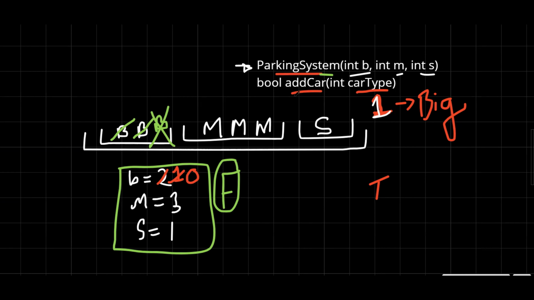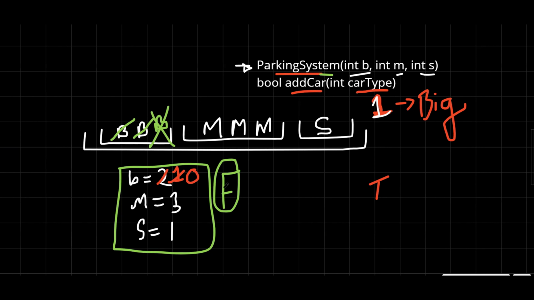So we will repeatedly decrease the frequency of the respective car type in our parking lot. If our frequency is greater than 0, that means we can place this car. Otherwise, we cannot place this car and return false. I hope you understood the algorithm.